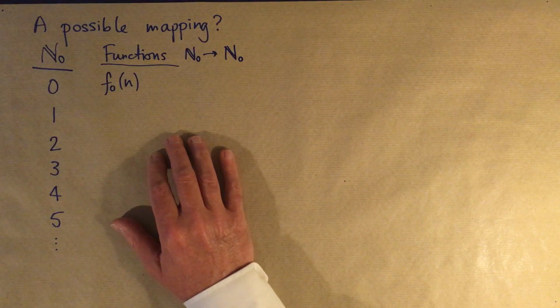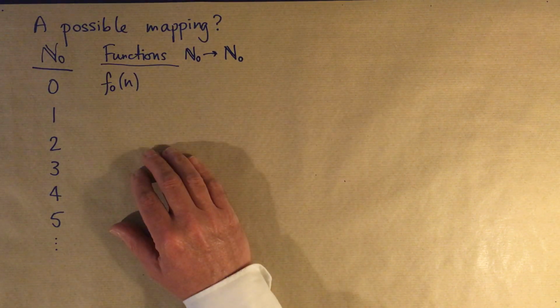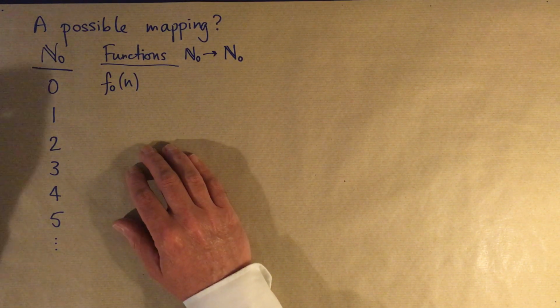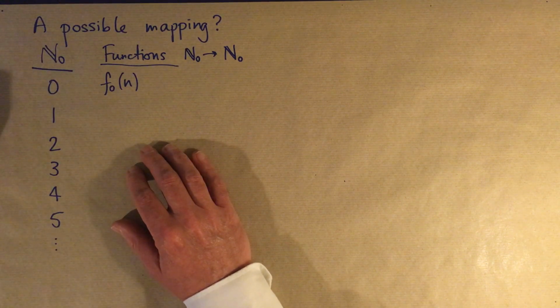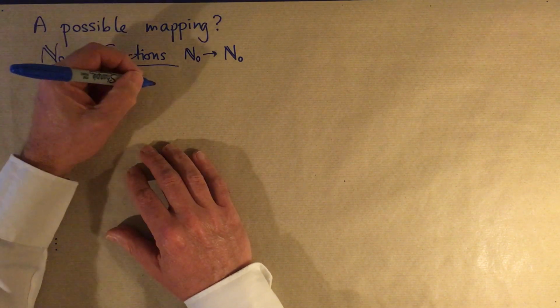So the function that maps each number onto twice itself. You know, so 0 maps onto 0, 1 maps onto 2, 2 maps onto 4, 3 maps onto 6, and so on and so on. That's a function. Well, let's have that as our first function.